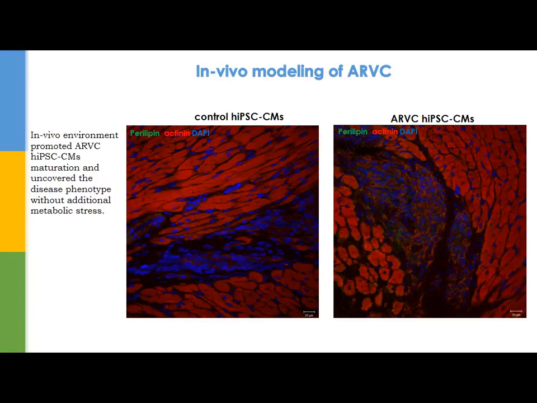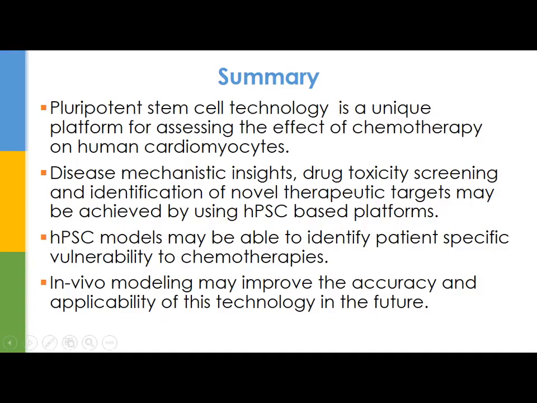So in summary, pluripotent stem cell technology is a unique platform for assessing the effect of chemotherapy on human cardiomyocytes. Disease mechanistic insights, drug toxicity screening, and identification of novel therapeutic targets may be achieved by using the human pluripotent stem cell-based platforms.